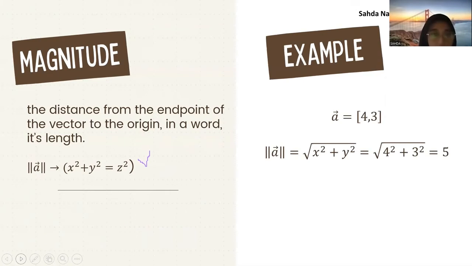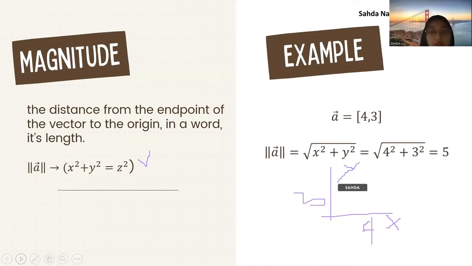This vector extends 4 units along the x-axis, and 3 units along the y-axis.